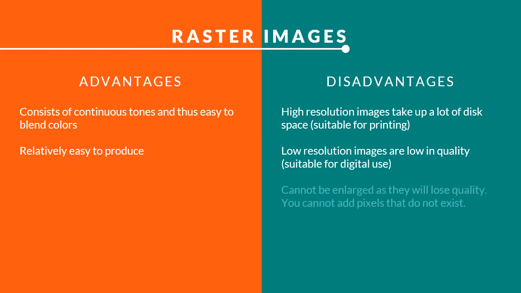Raster images cannot be enlarged because this will result in loss of quality. Nagpipixelate siya. Because simply put, tulad ng sinabi ko kanina, you cannot add a pixel that does not exist. Kasi kung ang image mo 11.6 megapixels, that's 11,600,000 na count ng pixels.